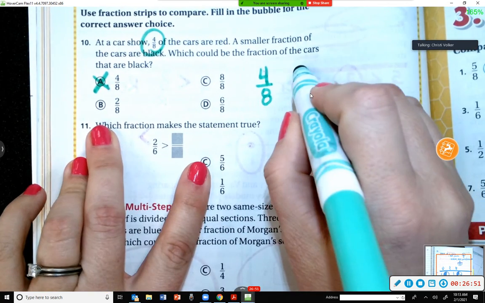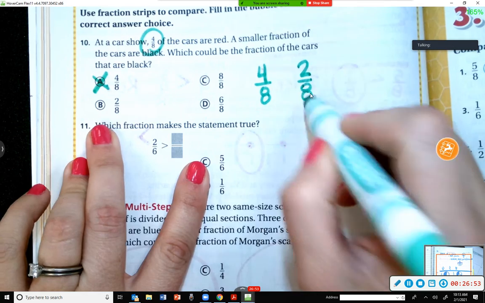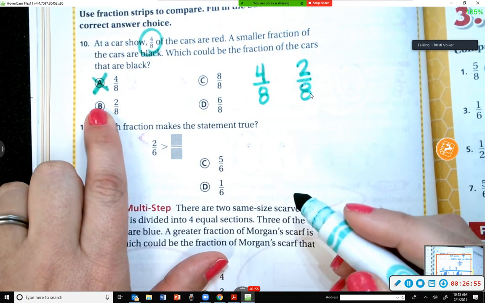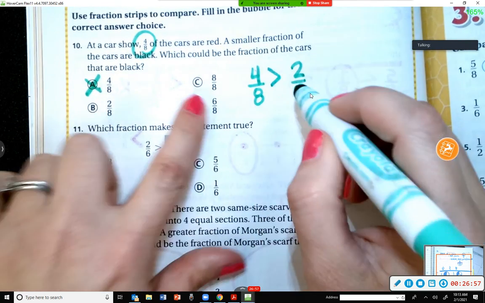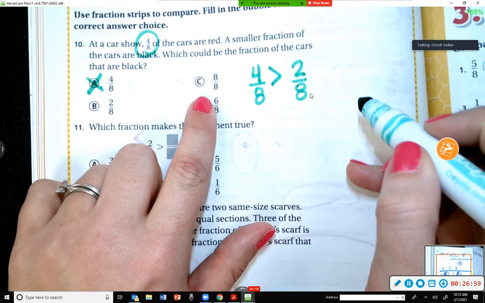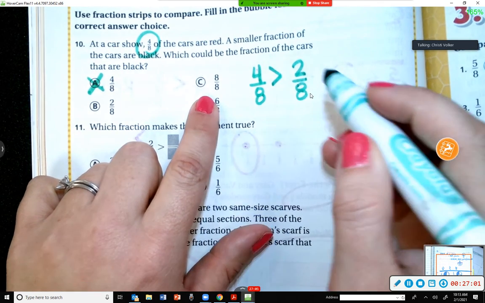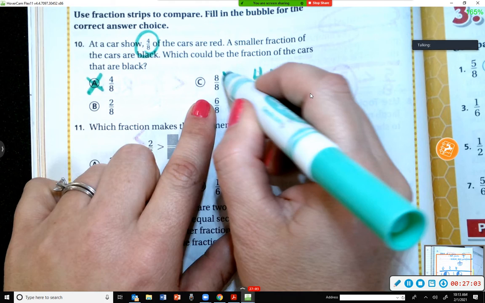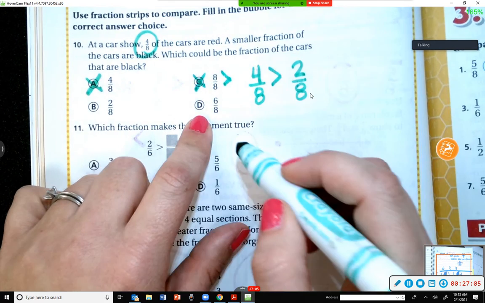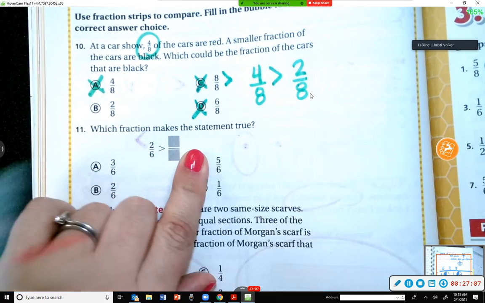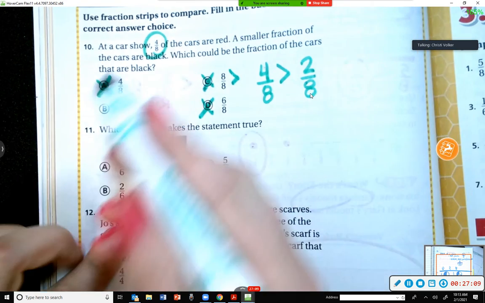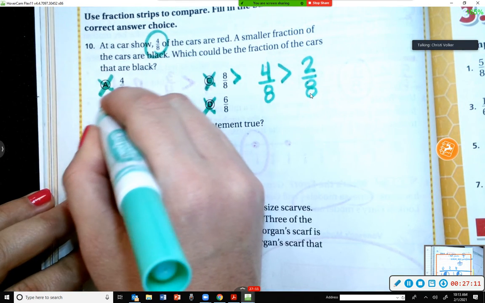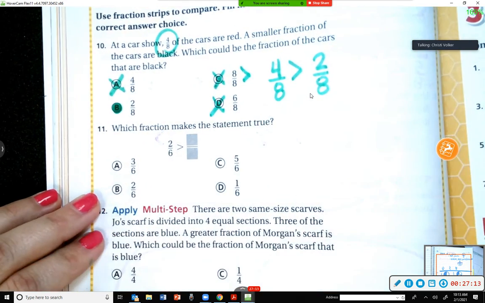Okay, what about 2/8? Could that be smaller? Yes. What about 8/8? Oh, it's greater. And D is greater too. Good. B was the only one that was smaller than 4/8.